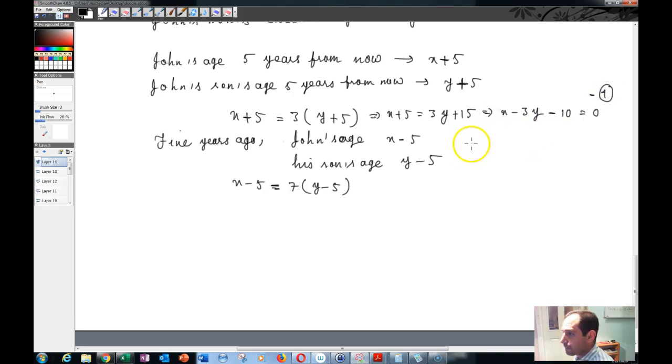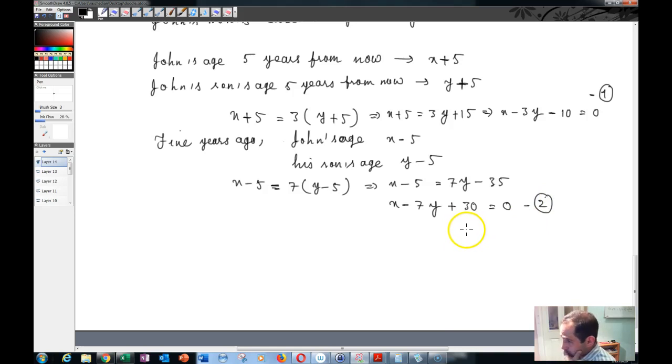And this equation over here, I can write it as X minus 5 is equal to 7Y minus 35. So X minus 7Y, and this goes to the other side, becomes positive 35, minus 5 is equal to positive 30, is equal to 0. I call this equation number 2.